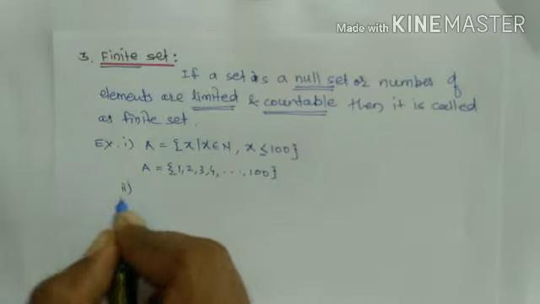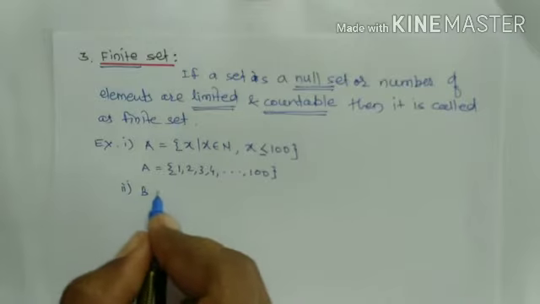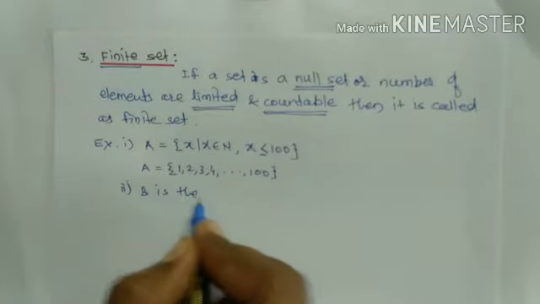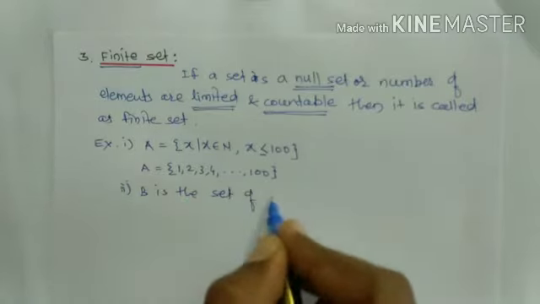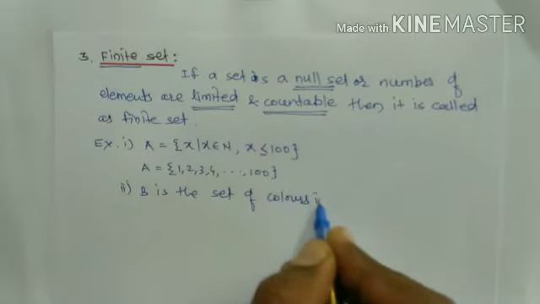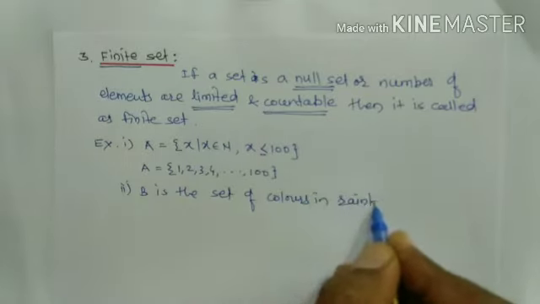Or let us write one more example. B is the set of colors in rainbow.